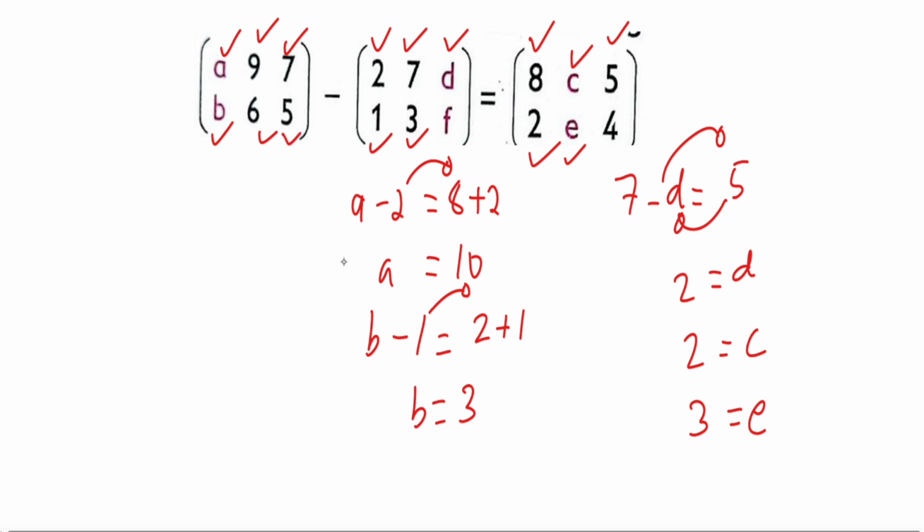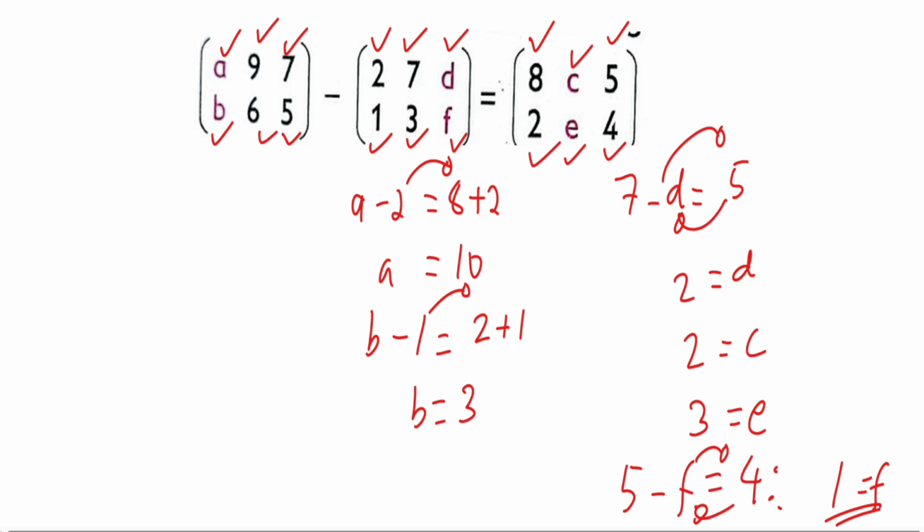Now we know that 5 minus f equal to 4. So if you put f to the other side, this one comes here, this one comes here, and therefore 5 minus 4 equal to f, and f is equal to 1.